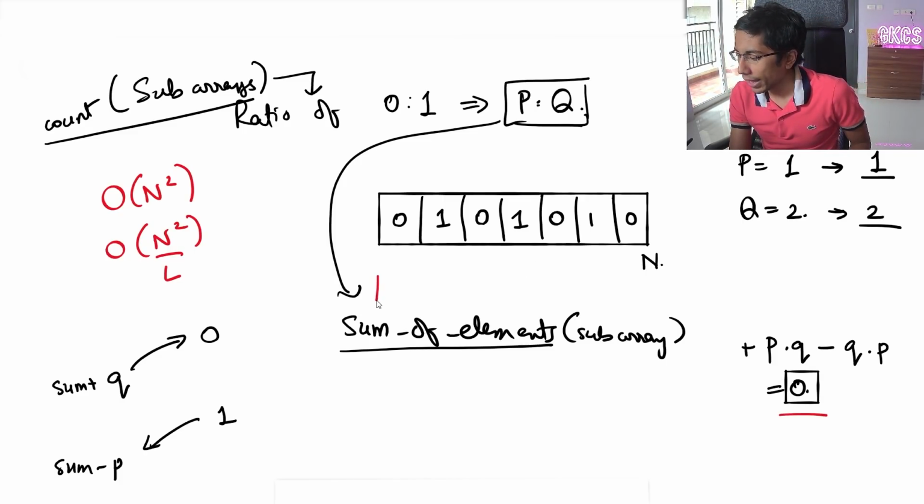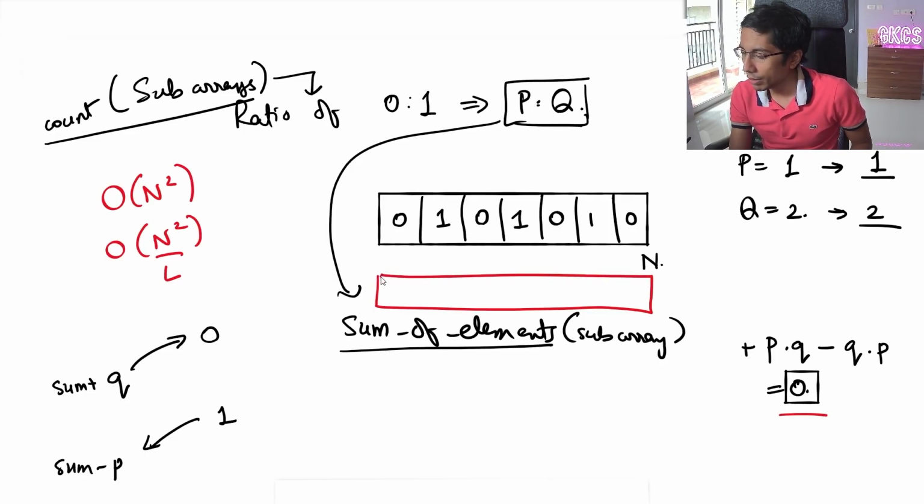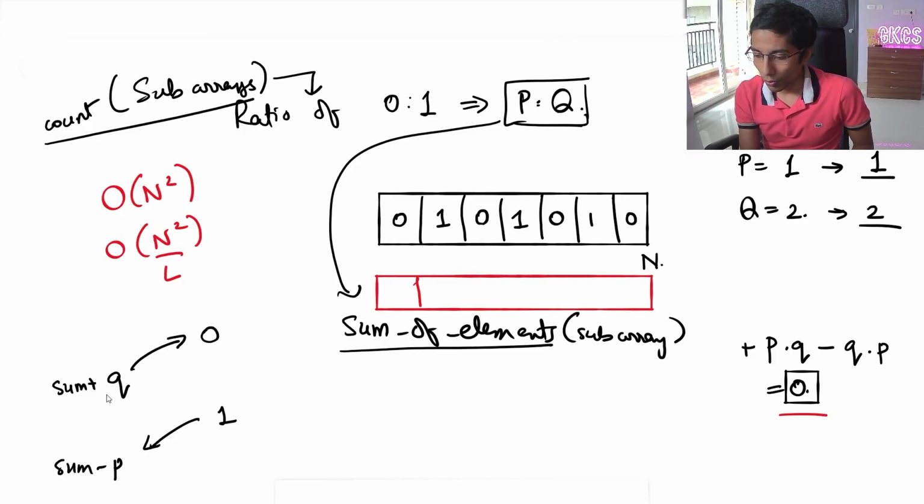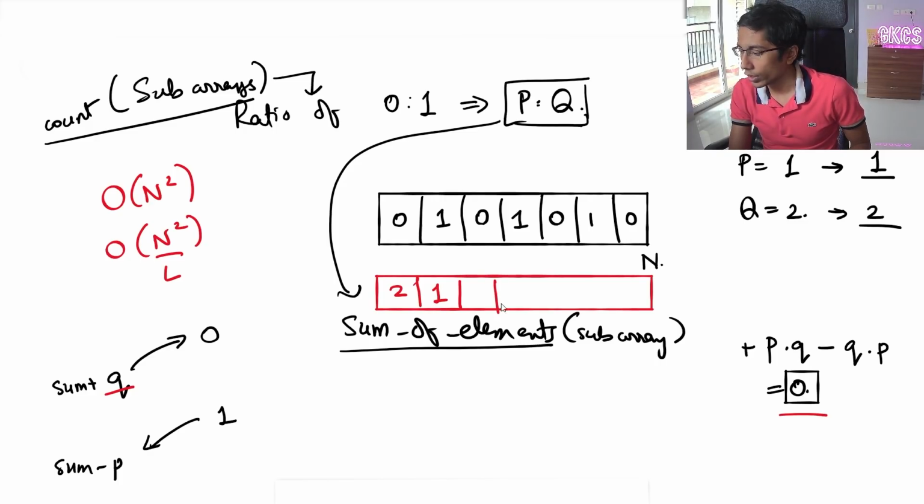This gives us an idea. What if I take the elements in my array and create a prefix sum table with it? I get a 0, I should add plus q to it, so that will be 2 over here. The prefix sum after I get a 1 will be minus p, so 2 minus 1 is 1. Now I get another 0, so that is 3.